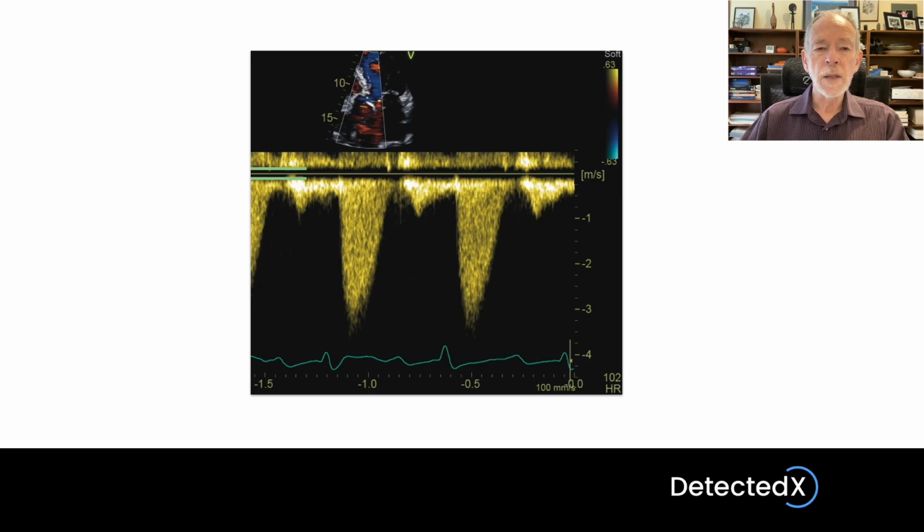One is that the Doppler sample volume will also be acquiring Doppler shifted signals from other parts of the heart where the velocities are lower. Those are going to be displayed mixed in with the signal of interest here. But because the velocity is lower, we're still able to see the signal of interest, which is the extreme high velocity one. So it doesn't matter that we are picking up interference from other parts of the heart. We can still trace and measure that high velocity signal from the valve.